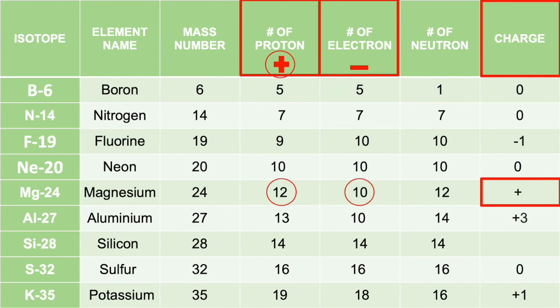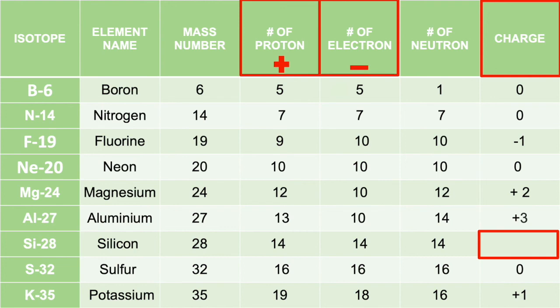Then compare the number of protons and electrons. The number of protons is greater by how much than the number of electrons? So 12 is greater than 10 by 2. Therefore, the charge of our magnesium is positive 2.